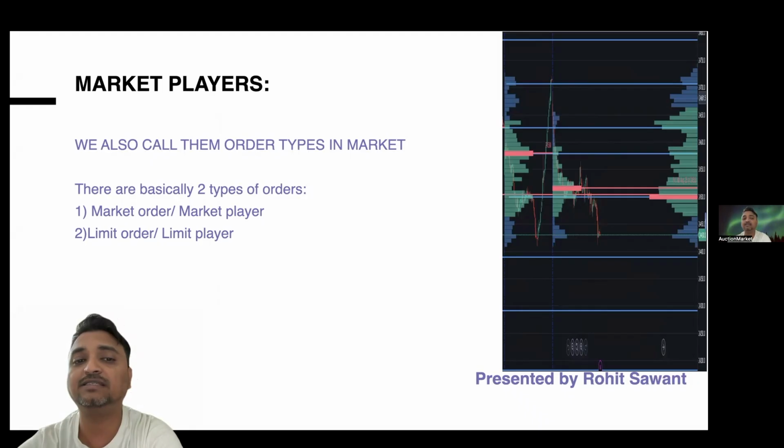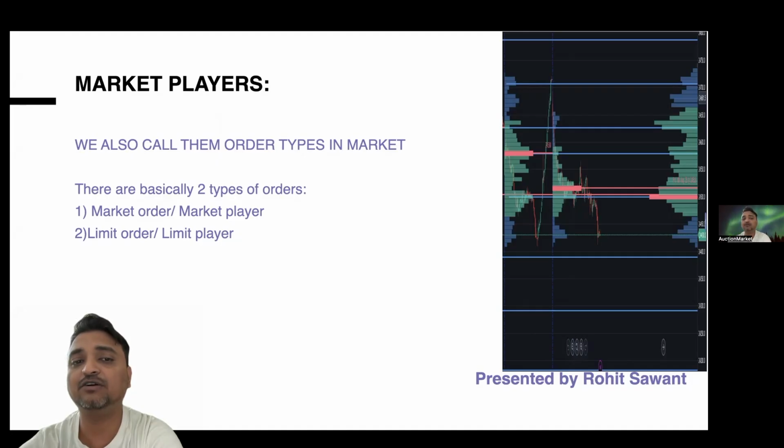Market orders are placed wherever the current price is going on. Take an example, the current price is 100 rupees. I just go and place an order directly without even bothering whether it will go to the bullish side or the bearish side. So the market order is at 100 rupees. That is called a market order.